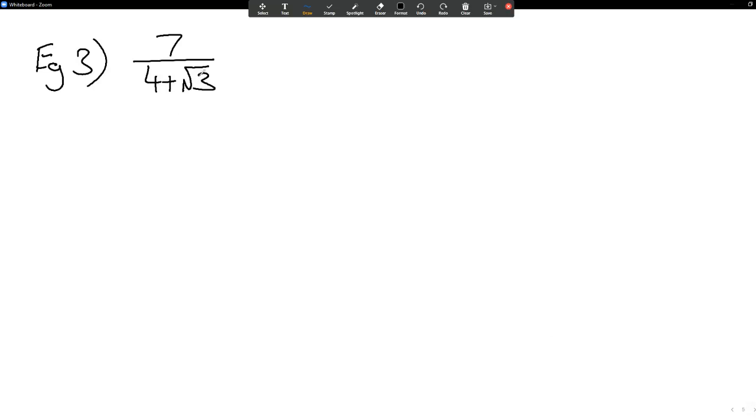But now we're adding it to a number. So what we need to do is multiply by the denominator again, but by the conjugate. And the conjugate is the same as the denominator, but the plus here turns to a minus. Or if it was a minus, it would turn into a plus. It basically changes sign, this middle bit, right?